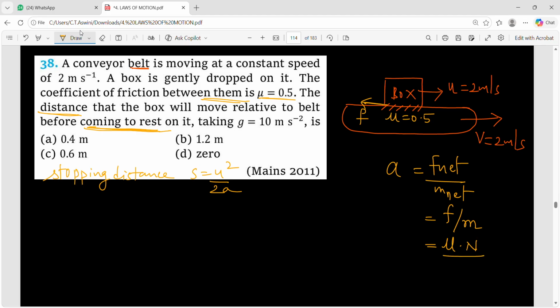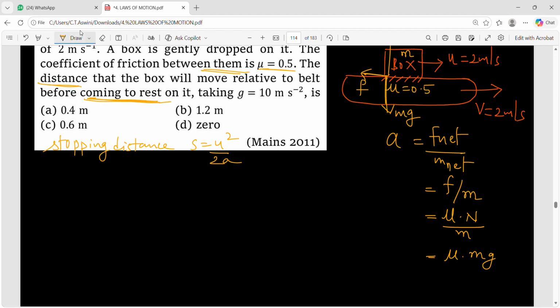Mu into n by m. So what is n here? M into g. Let m be the mass of the box. Normal reaction will be upward and this will be equal to m into g because the weight of the block will be acting downward. N is actually equal to opposite force, right? Opposite force is weight here upon m. So m cancel.